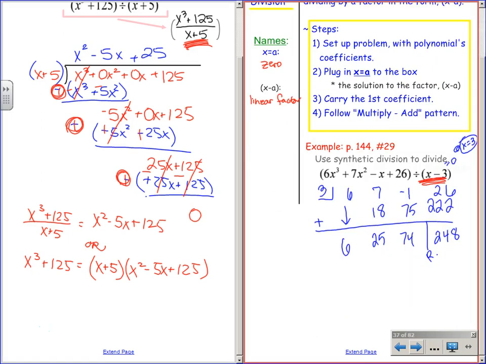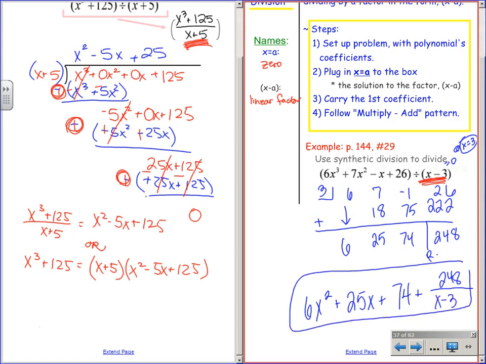The answer to this division problem will be 6 with a degree lower than the original, 6x squared. And then we count down from there. The next term would be an x term. The next term would just be a constant. And why am I writing a division bar for the remainder? 248 over the original linear factor of x minus 3.